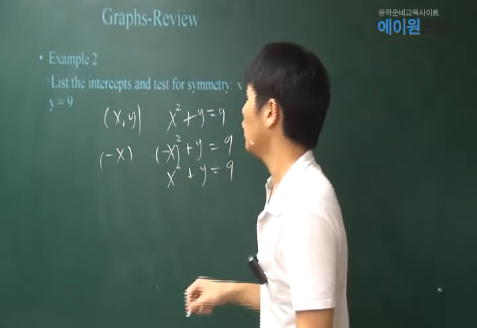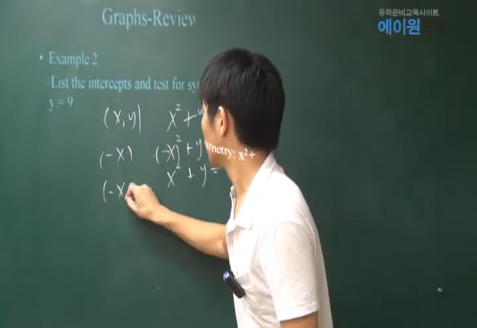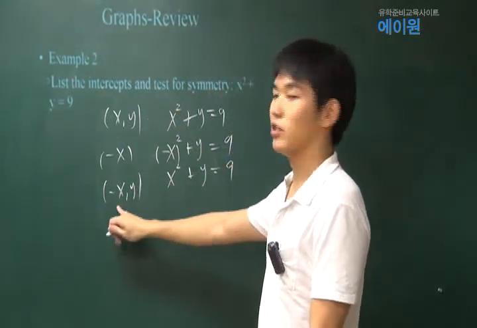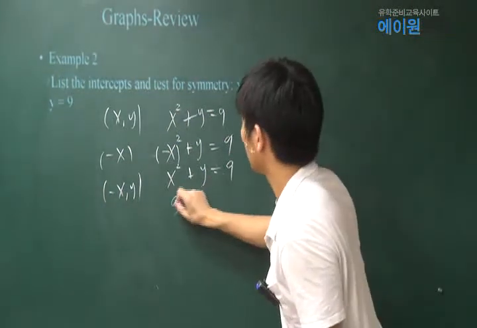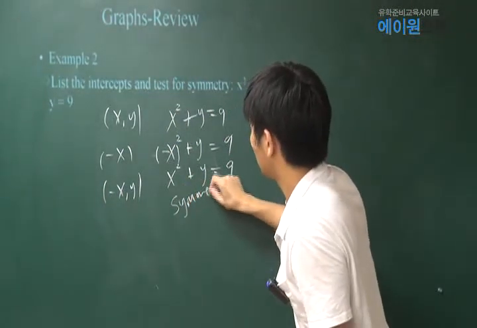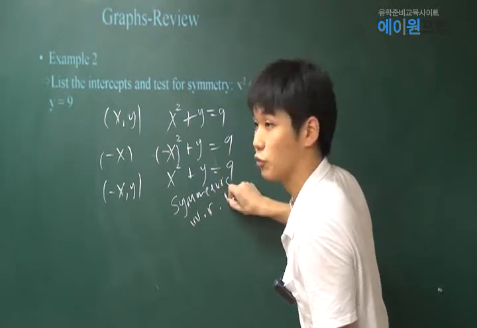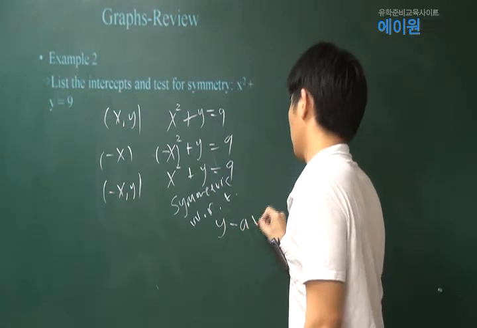So what's going on? (x, y) is equivalent to (negative x, y). So for every (x, y), there is (negative x, y). So that will make it symmetric with respect to, I'm going to write that as WRT, the y-axis.